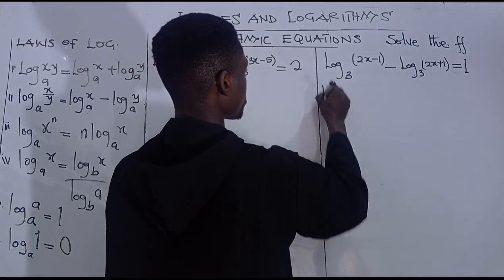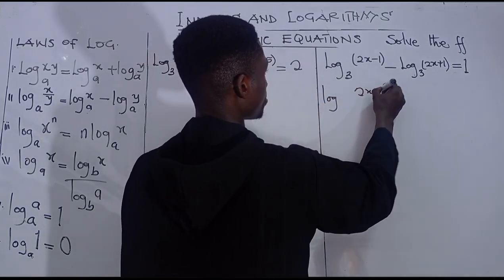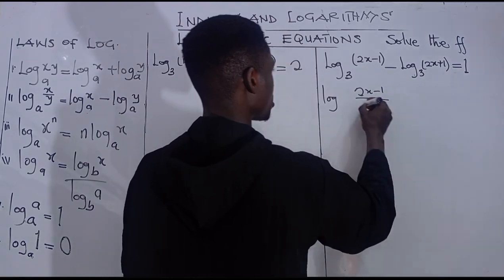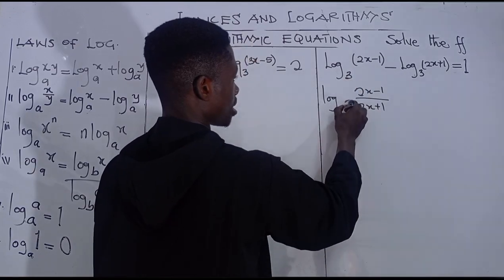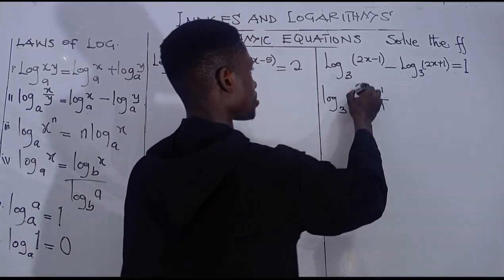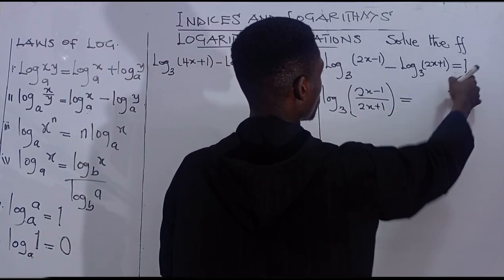So you have log of 2x minus 1 all over 2x plus 1. Since the bases are the same, we are going to pick one of the bases, is equal to 1.